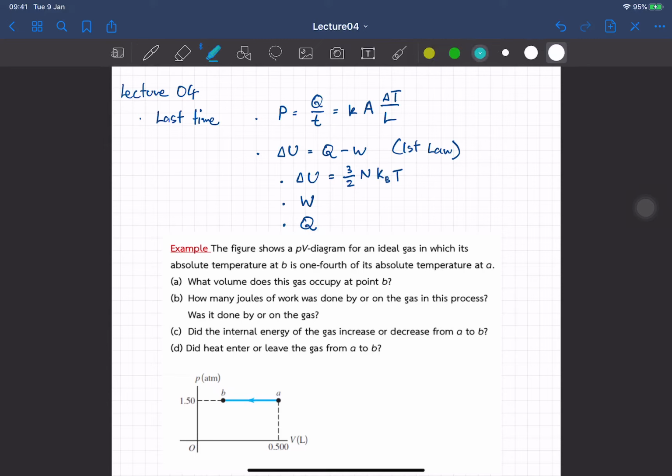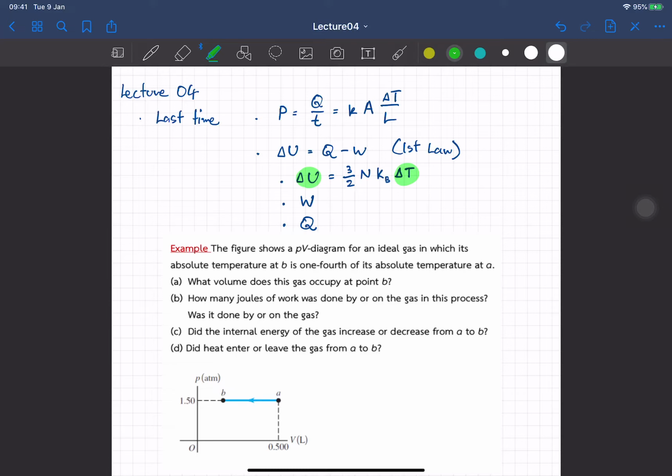And one important fact that we emphasized many times is that, actually I should write delta T here also, because it's delta U, so it's delta T. So delta U depends only on the change in the temperature, okay? It doesn't matter how you move from one point on the PV diagram to another point. We're gonna see an example in a few minutes of how we can use this fact. If you know the end point and the starting point, you know the change in the temperature, then delta U is all done, right?